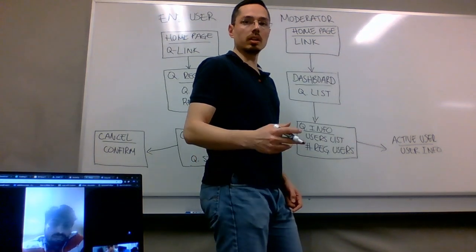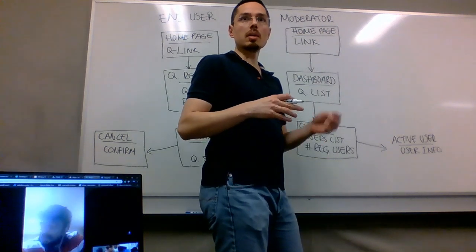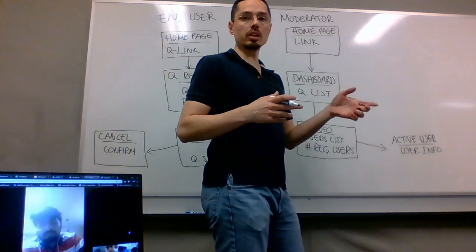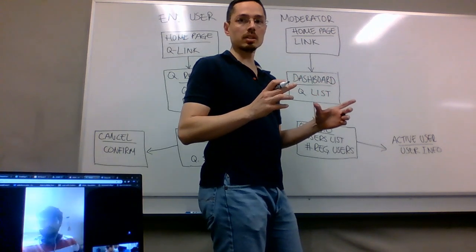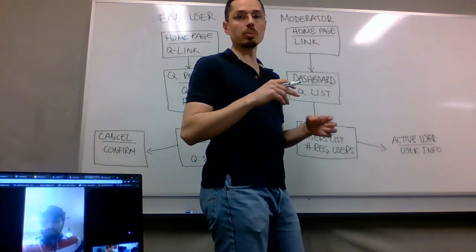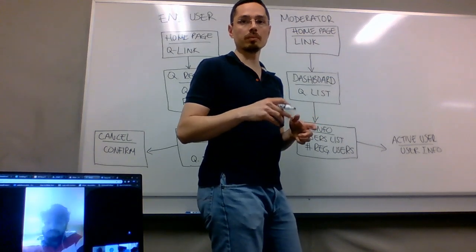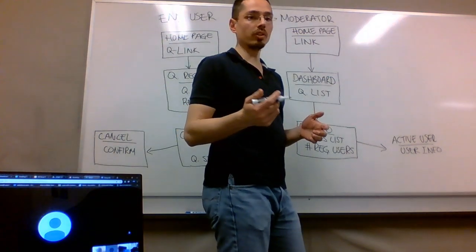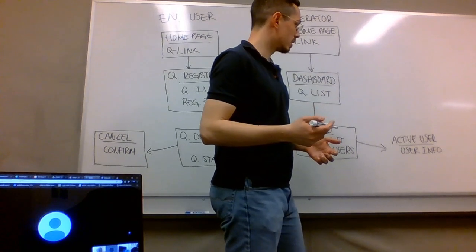I think it's going to be closing the ticket, but with a note. We're going to have comments, and there the moderator can write this person didn't show up or finished with the service.